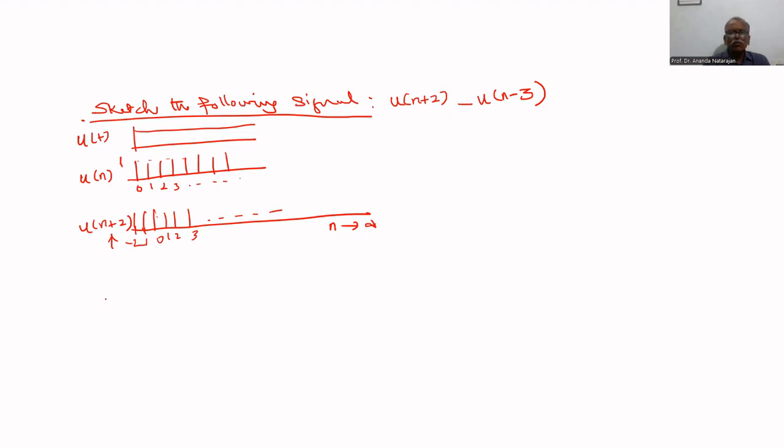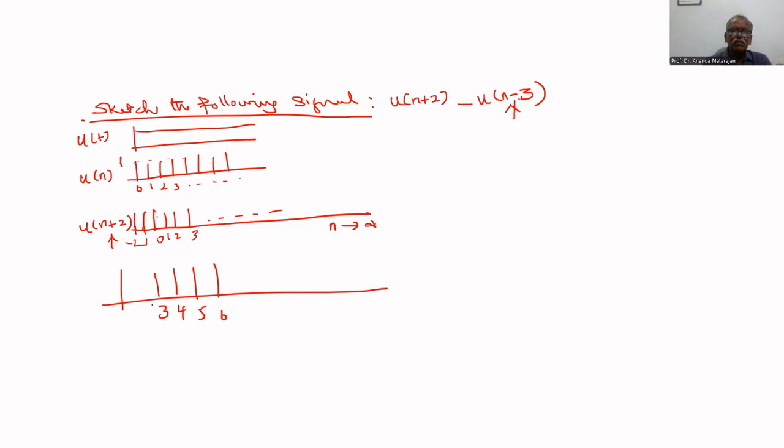Now we have to obtain U of n-3. This minus indicates that it is a delay. That's why instead of 0, it starts at 3: 3, 4, 5, 6, etc. Here it starts at -2.